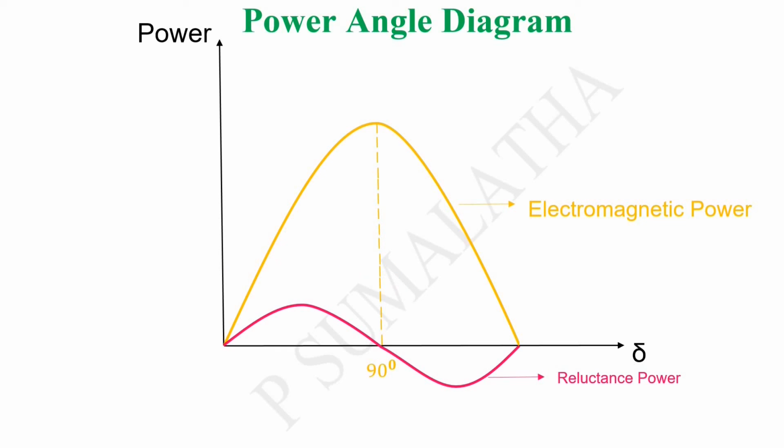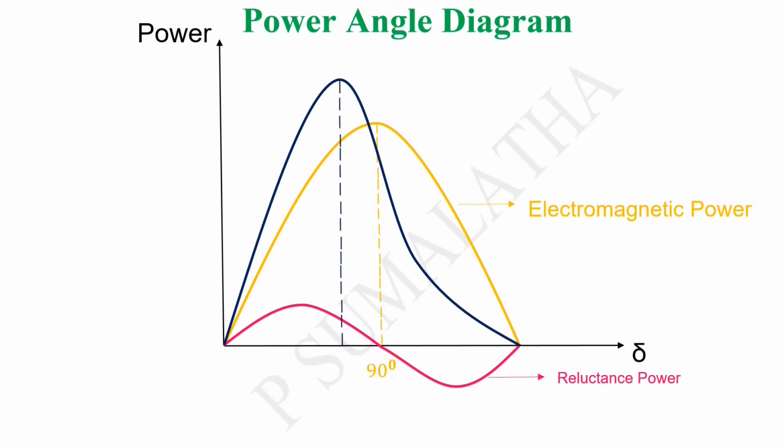The resultant power angle curve looks like this. At which angle the maximum power will occur? It is approximately 73 to 74 degrees. That means approximately in the 70 degrees region we will be getting the maximum power, and this curve is nothing but the resultant power. Now what is the steady state stability limit?